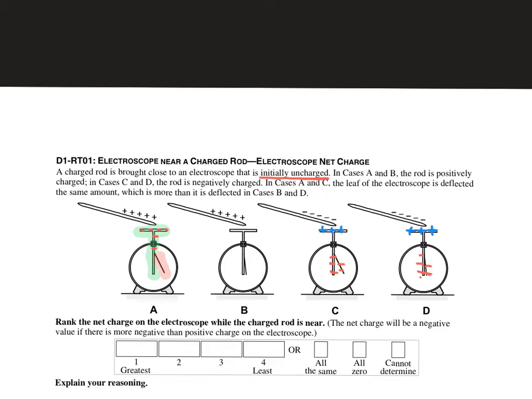So the nature of these questions, as you recall from last semester, is it's very easy to miss a subtle detail and be totally wrong, because you missed that detail. So rank the net charge on the electroscope while the charge is near. So what do we mean by net charge?